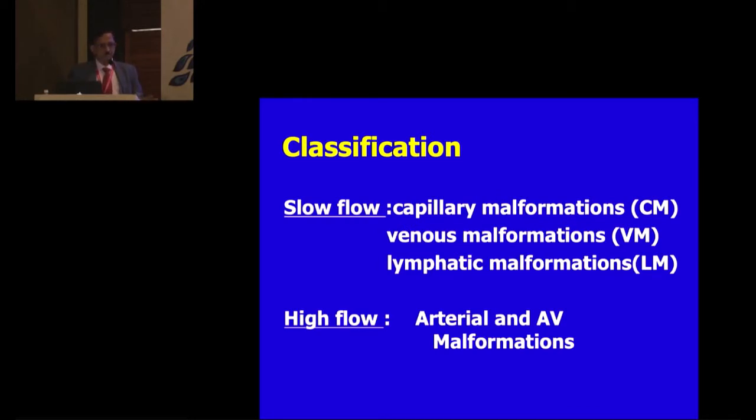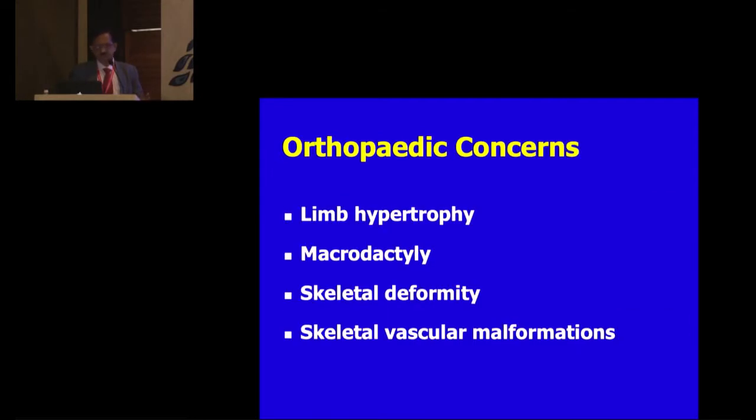In slow flow, the limb length disparity is not too much, but in high flow, the limb disparity is a problem. Now the question is, why are we orthopedic surgeons concerned with vascular malformation? We are concerned because it produces limb hypertrophy, macrodactyly, skeletal deformity, and skeletal vascular malformations at different sites.